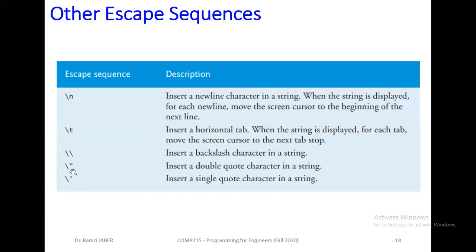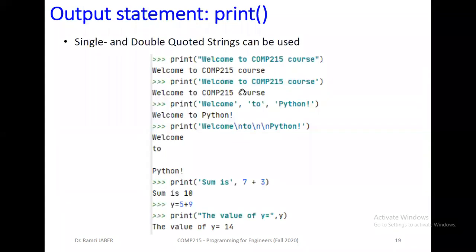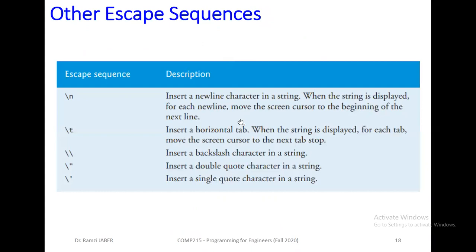If I want to put a double quote inside, we can, similar to C, with a backslash, then single quote or double quote. So here, similar to C and Java. Okay, I will stop here. For the next lecture, I will go to the print statement.